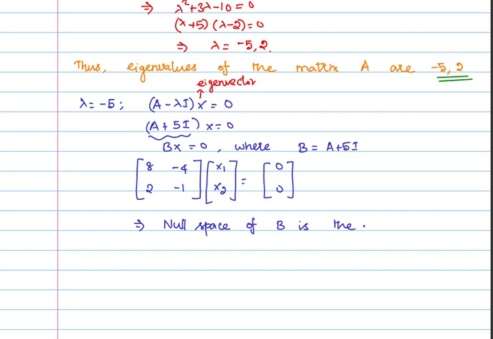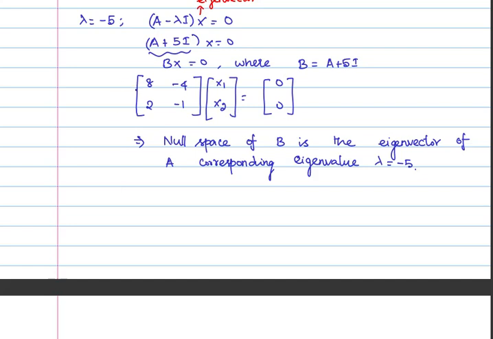The eigenvector of A corresponding to the eigenvalue lambda equal to -5 is in the null space of B. First of all, how can we find the null space of the matrix? First we convert it to row reduced echelon form.